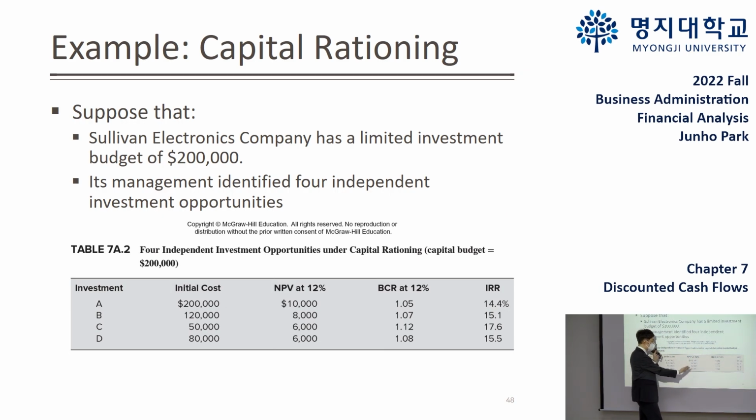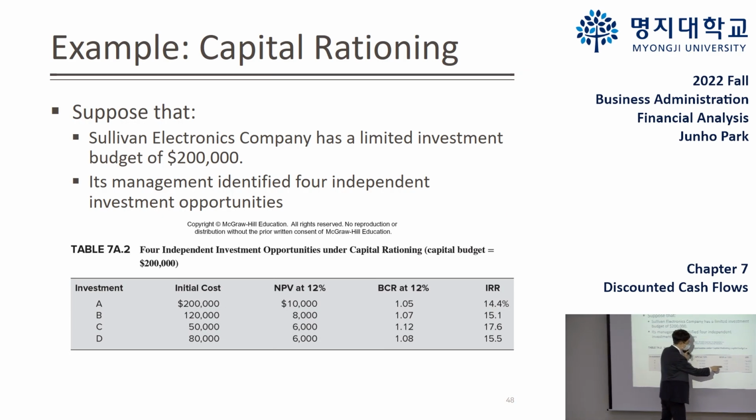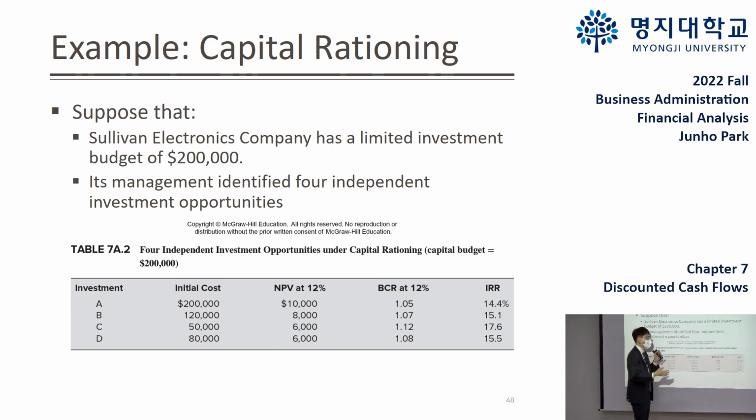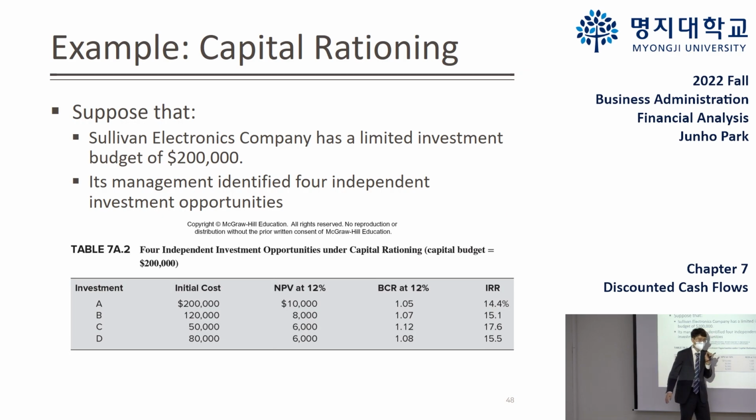Therefore, according to the BCR approach, we can choose C and then think about what we can do with the money. Because we can still purchase additional C, that's why we finally end up with having 4 of C's. So in this case, when we have duplicated investments, actually BCR is more intuitive.